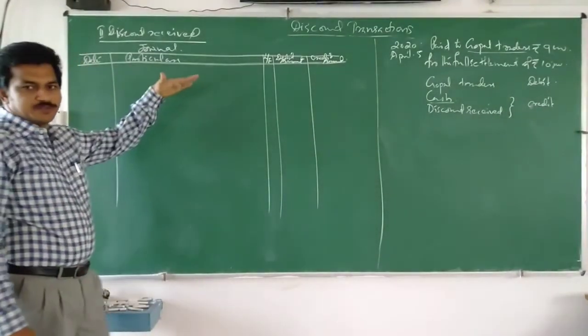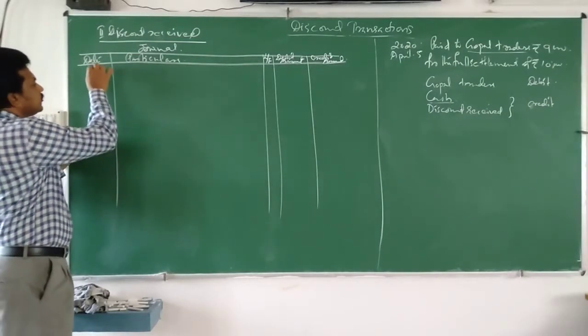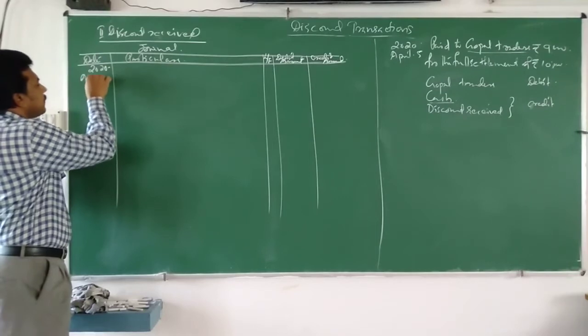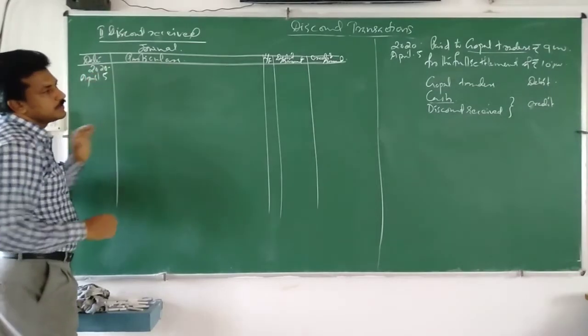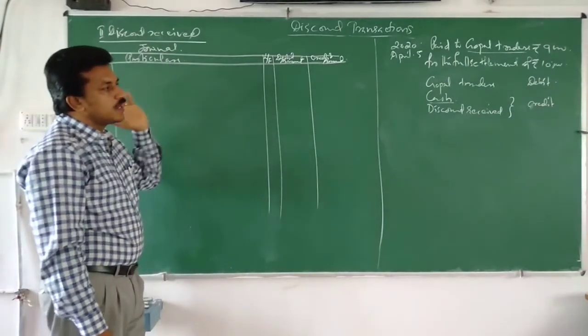Debit amount, credit amount, everything is there. Particulars. Okay. 2020 April 5. Which are the aspects? Gopal is the debit aspect.